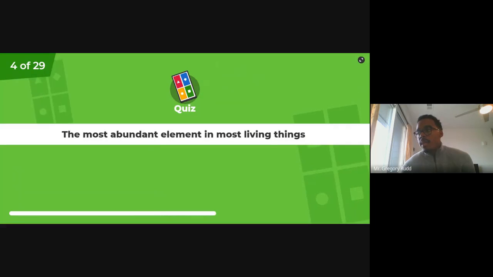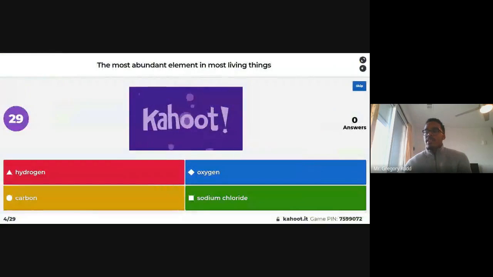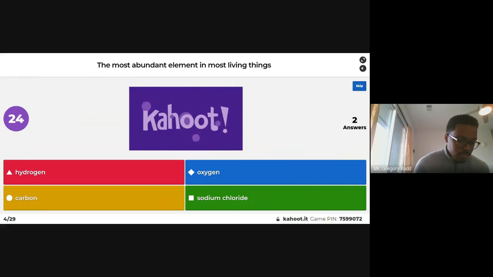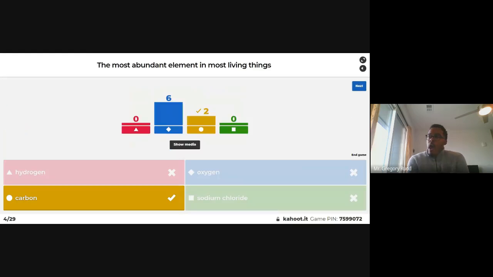The most abundant element in most living things. Please get this one correct. Come on now. Oh, wow.